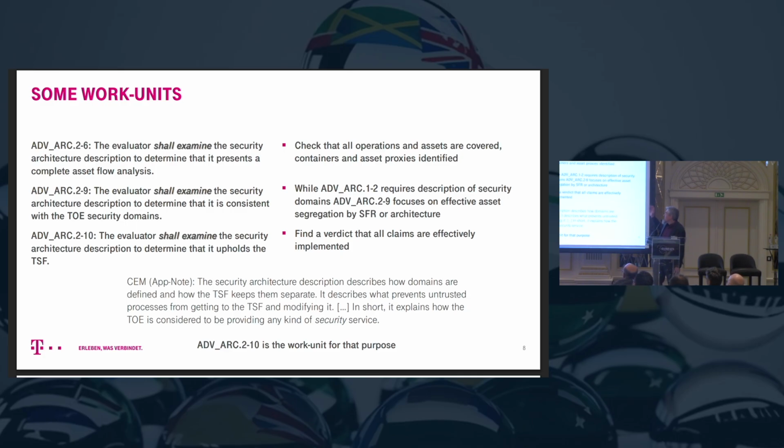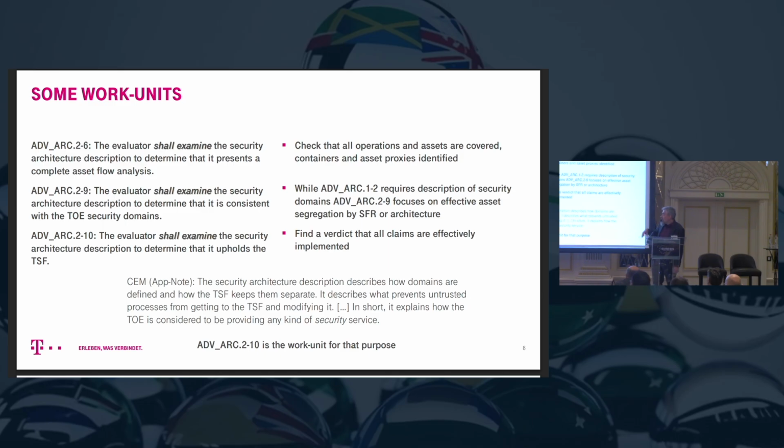So we should check something like these pictures we've seen before, that each operation is included, that everything has been tainted correctly, and that we can follow the ideas of the developer. This is just to tell that the asset flow analysis provided by the developer is complete.